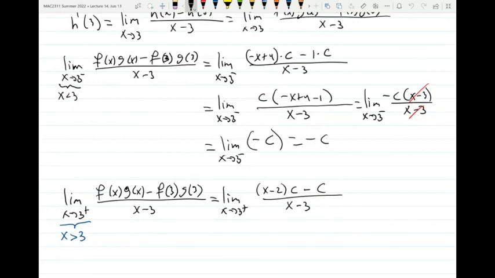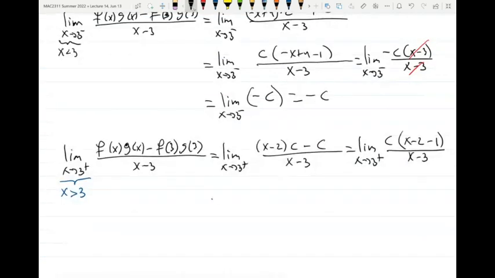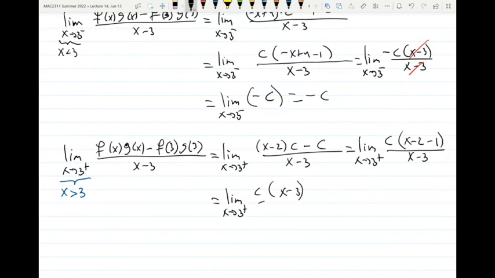Now let's try the same thing. We take the limit as x approaches 3 from the right. Then we factor out c. So what do we get? x minus 2 minus 1 over x minus 3. Things turn out nice once again. What is this?